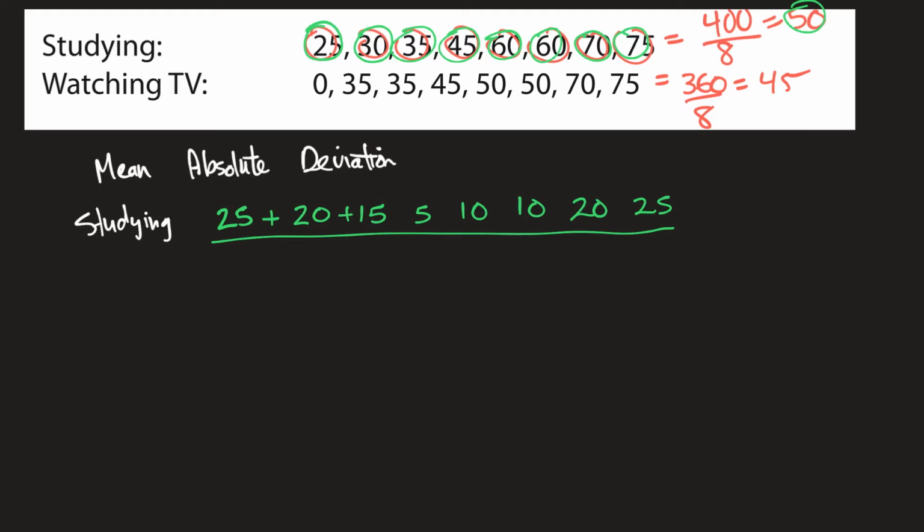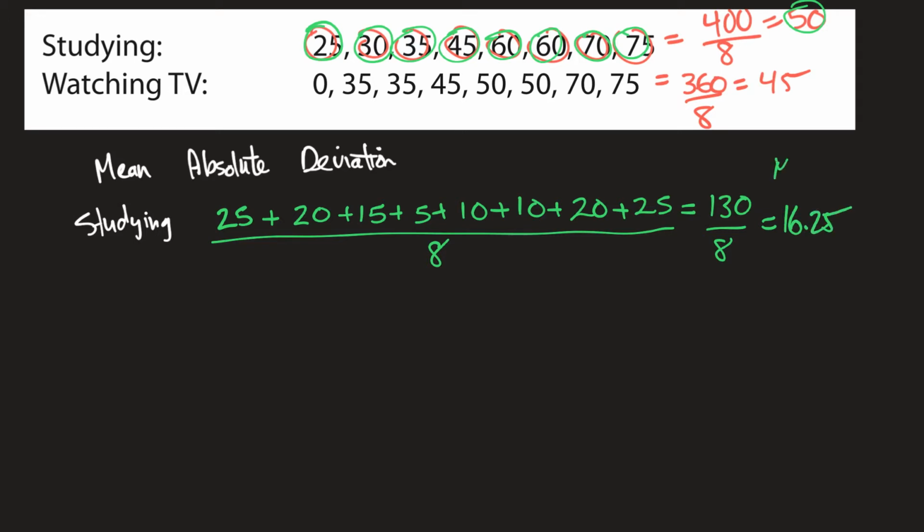We're going to add them together, and we're going to divide it by the amount of numbers we have, which is 8. And I believe the sum is 130, divided by 8, which is 16.25.